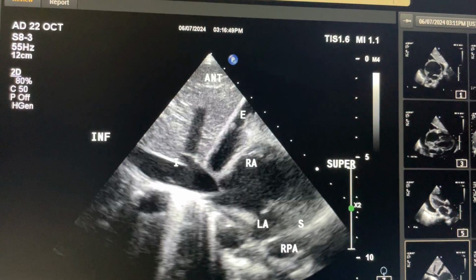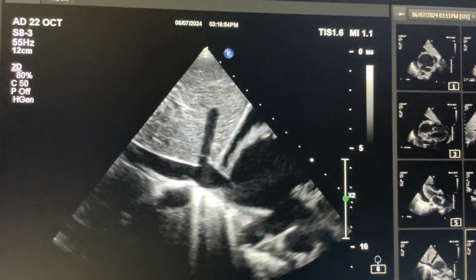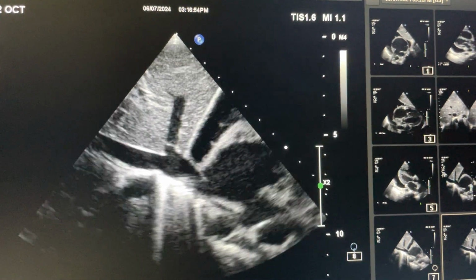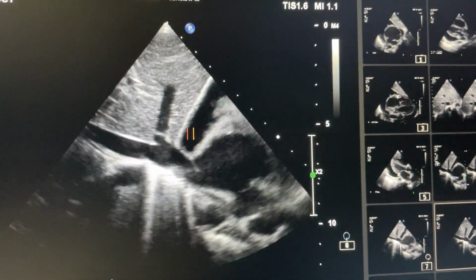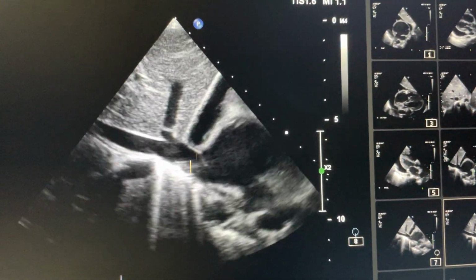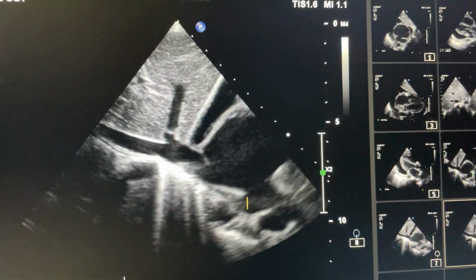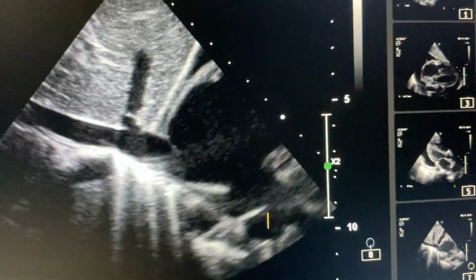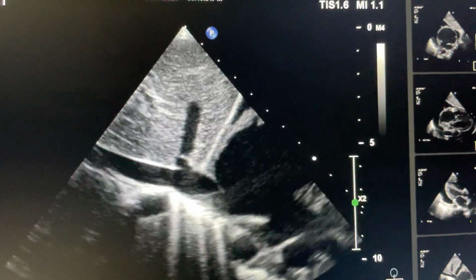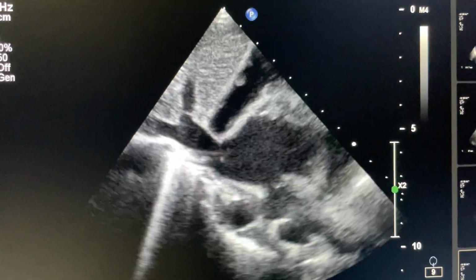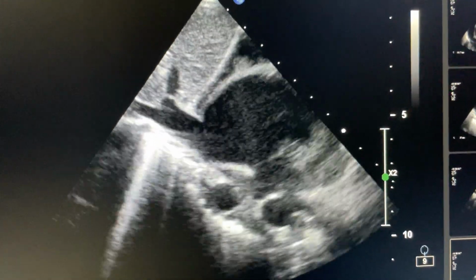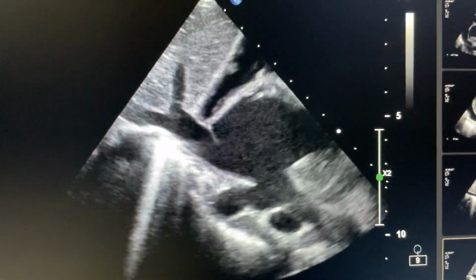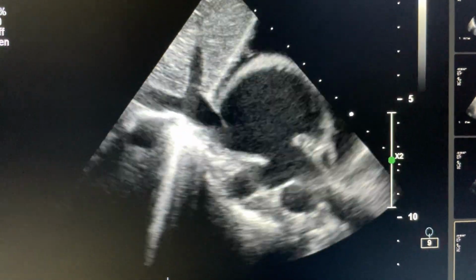Now the next image, again the same thing. This is IVC, this is SVC, this is the hepatic vein, this is the left atrium, this is the right pulmonary artery in transverse section view. Again the same image, same window, subcostal window bicaval view.